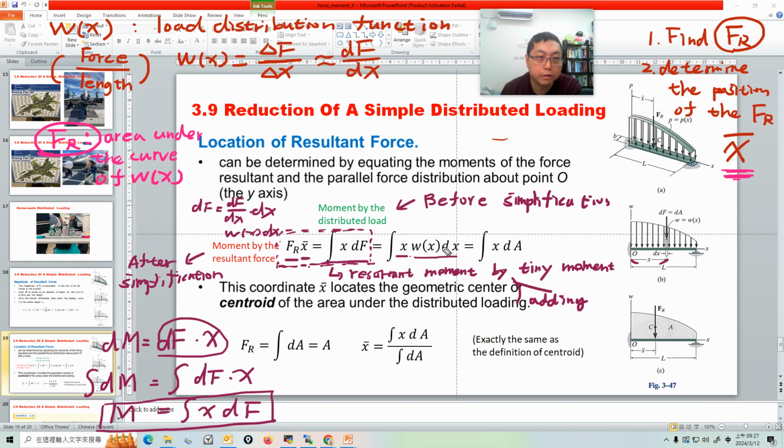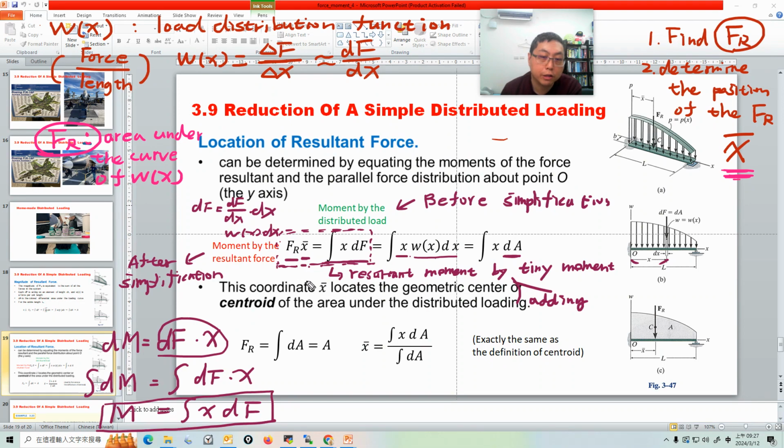We already know that w(x) times dx is just a tiny area, as we just explained in the previous slide. So the resultant force times x bar equals the integral of x dA.